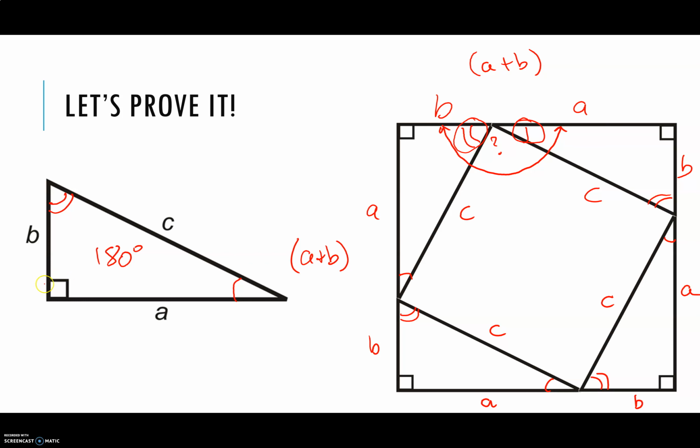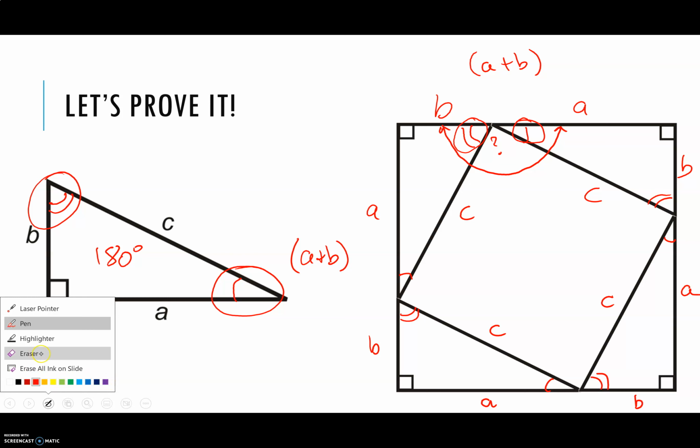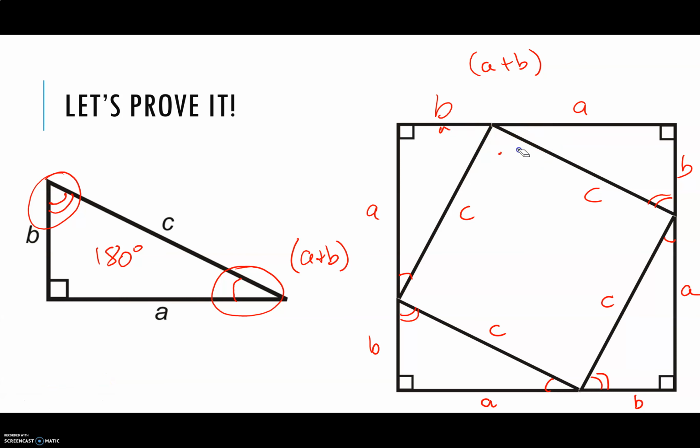So if we subtract away the right angle, this angle plus this angle should equal 90 degrees. Then if we go back to our picture, if those 2 angles added together make 90 degrees, and we subtract that from 180, this angle here must be a 90-degree angle. And that goes for all 4 places where that angle shows up. So what we confirm is that the inner shape is also a square with a side length C.